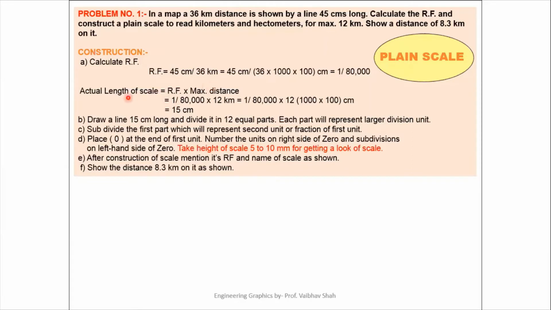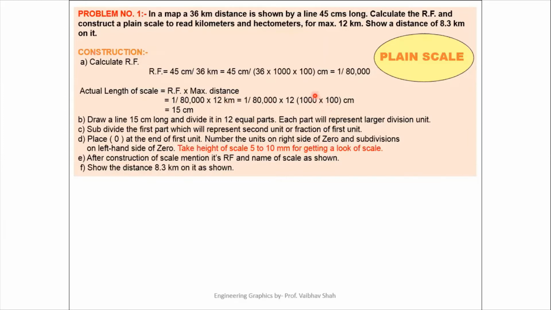Next, actual length of scale. So RF into maximum distance. Here RF is 1 by 80,000. Now maximum distance, we have from our data, which is 12 kilometers. So let us put this 12 kilometers. Once again, we'll be converting this kilometers into centimeter. So 1 by 80,000 into 1 kilometer is equal to 1000 meters, and 1 meter is equal to 100 centimeters.